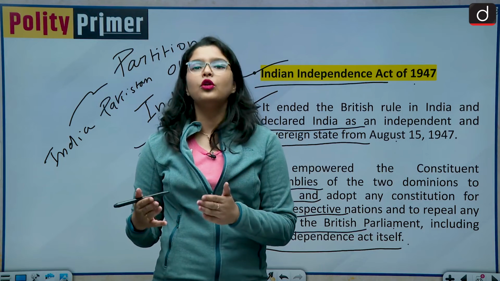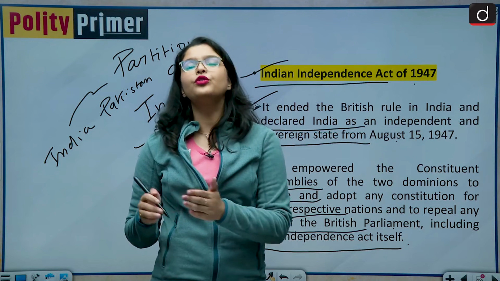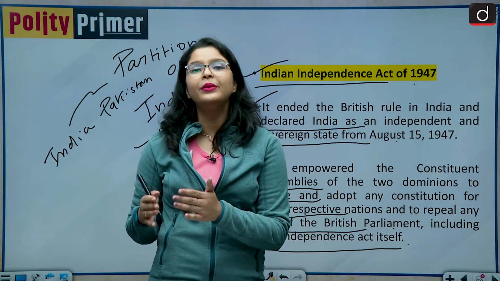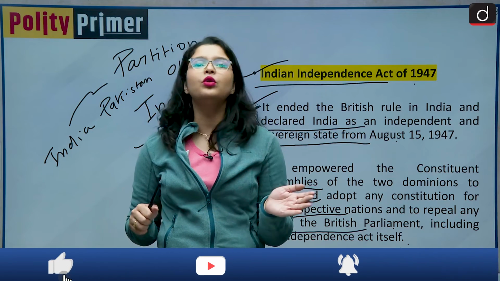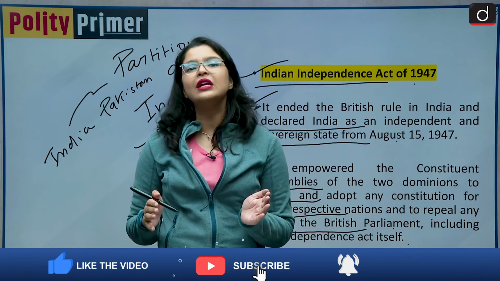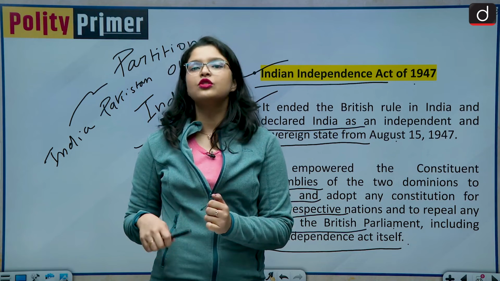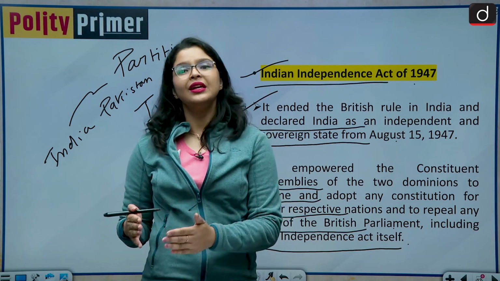It also stated that the two dominions could form their own constitution. Till a constitution is formed, they can use the Government of India Act for their administration and they could modify that act as per their convenience. It also abolished the offices of Viceroy in India and the Secretary of State for India.